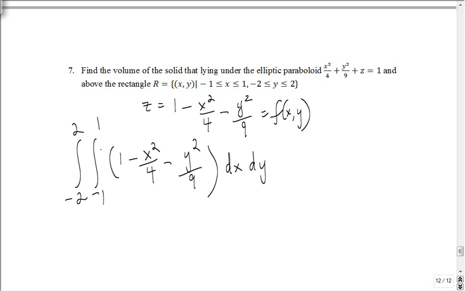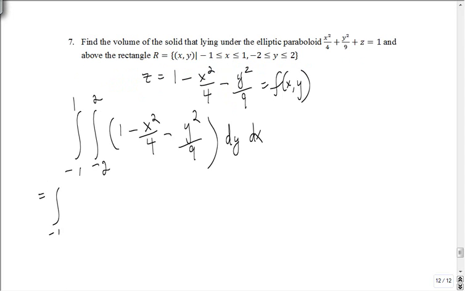Okay, let's do the opposite of what's on the board. So it's dy dx we're doing, right? So negative 2 to 2, negative 1 to 1. Let's work that out.